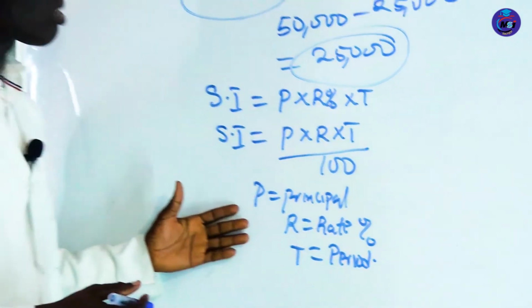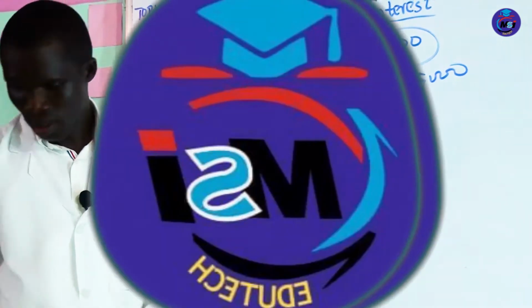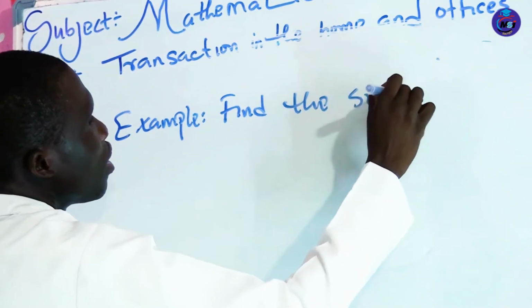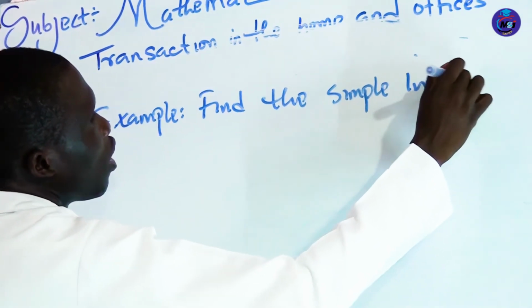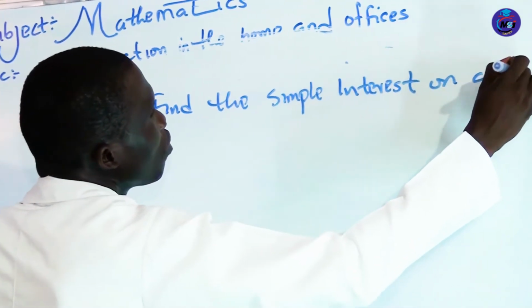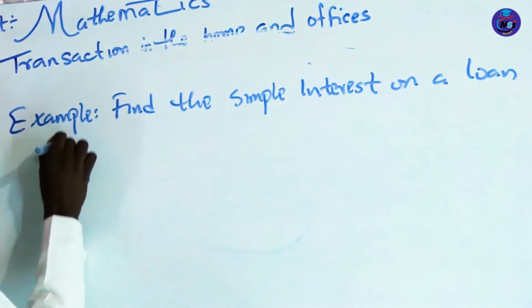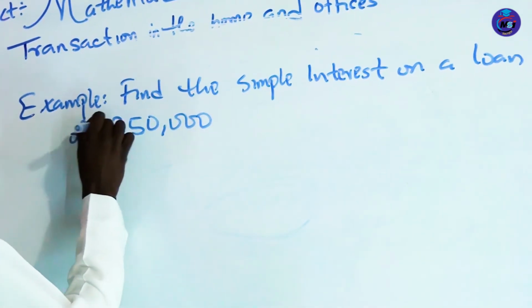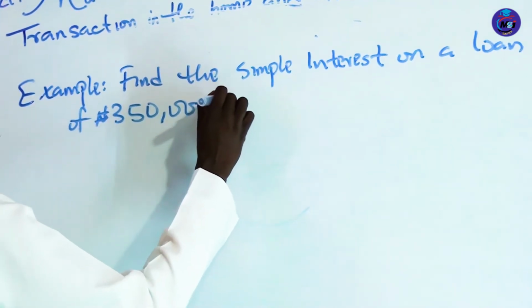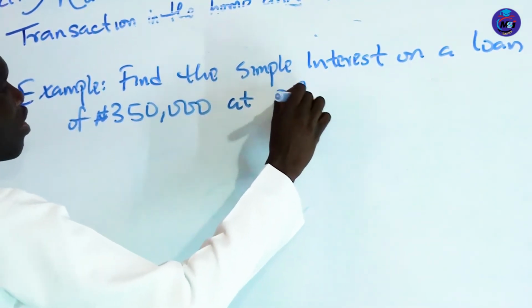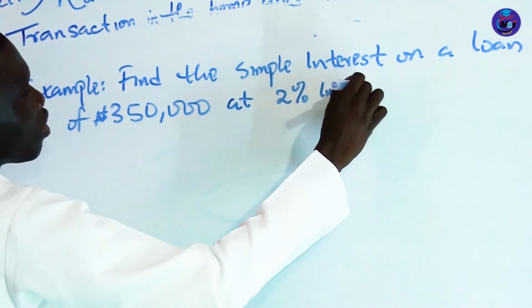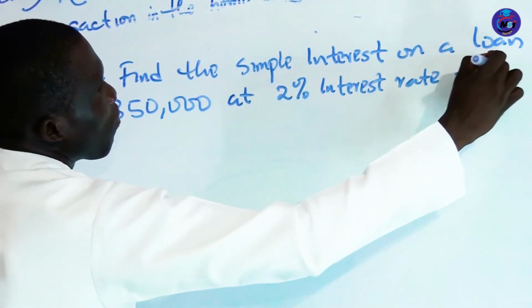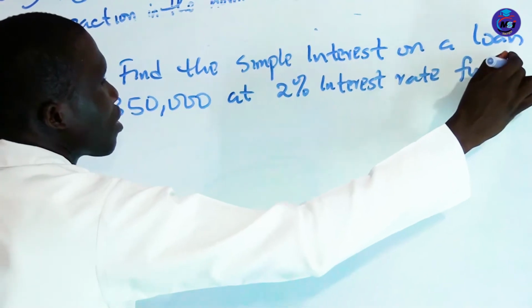Now let's look at a question on this simple interest. Find the simple interest on a loan of 350,000 naira at 2% interest rate for 2 years.